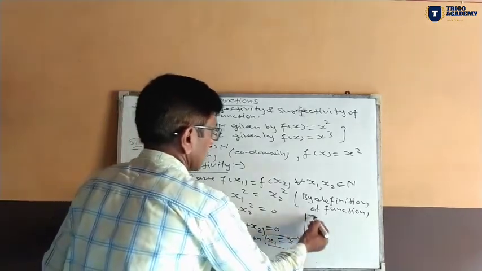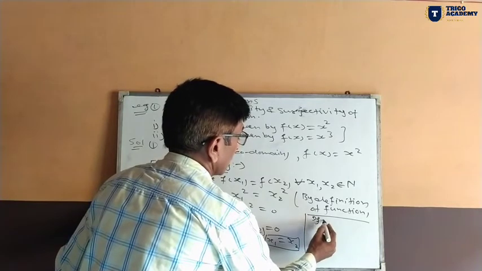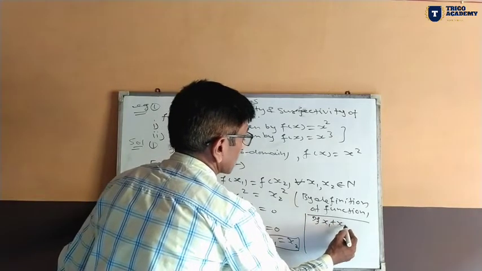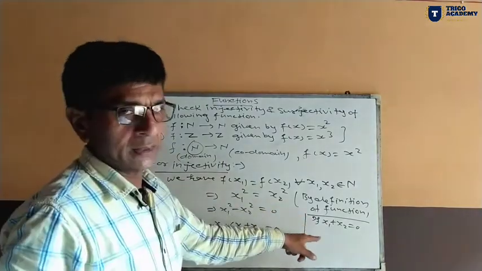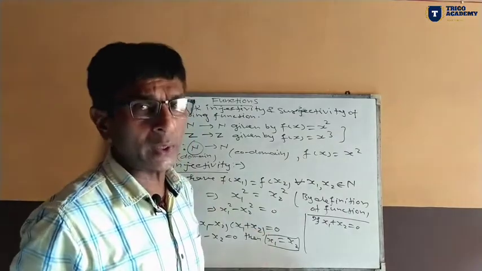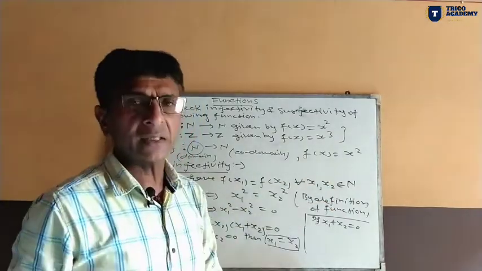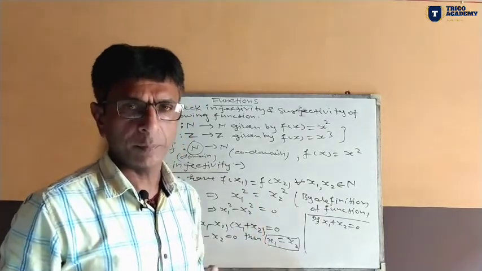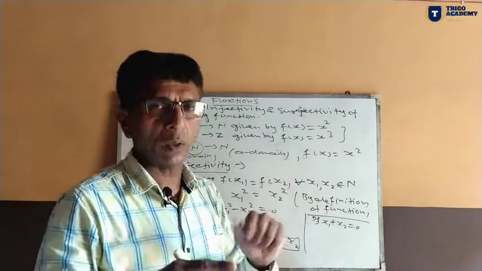And if x1 plus x2 equal 0, as we know x1 and x2 are natural numbers, and on adding natural numbers the sum is never equal to 0. Natural numbers are always positive, and positive numbers on adding cannot be equal to 0.